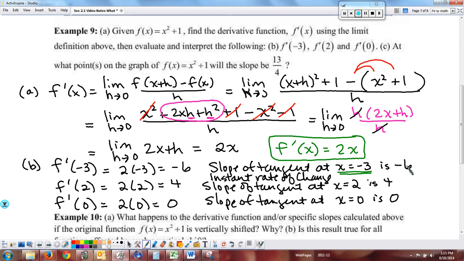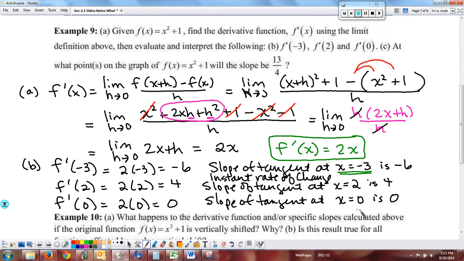So, which basically means your speed is 6, but in the negative direction because the function was decreasing. The slope of the tangent at 2 is 4, so your instantaneous velocity is a positive 4 because the function was increasing. So you were going at a speed of 4, in the positive direction, or increasing.